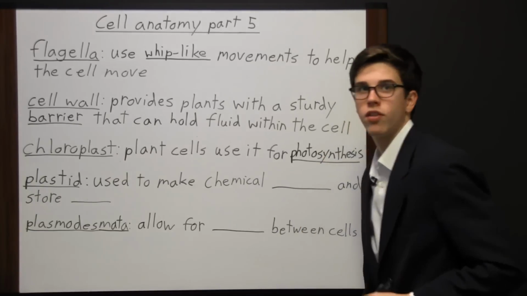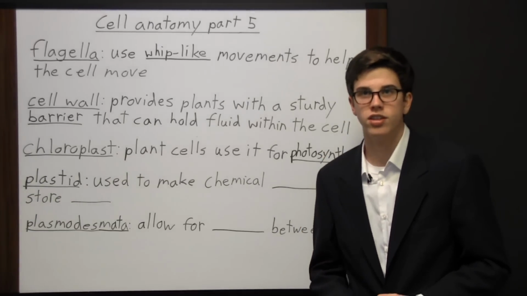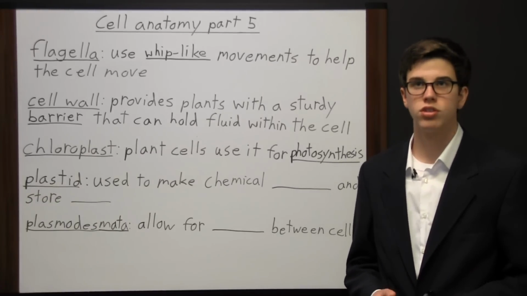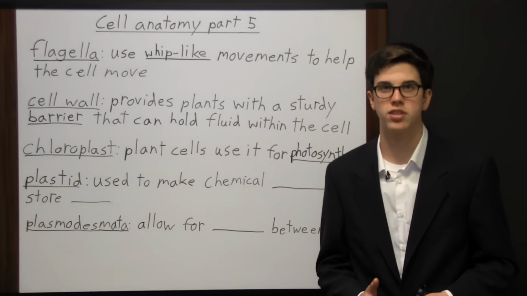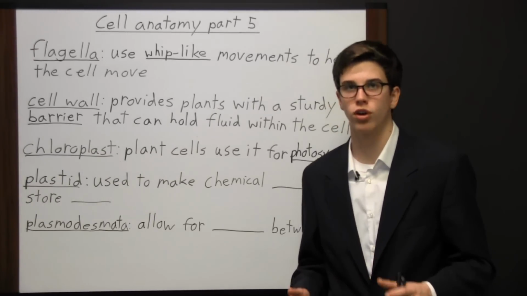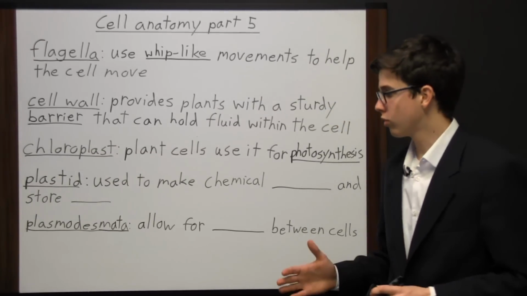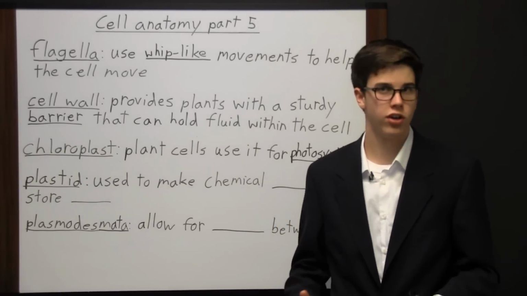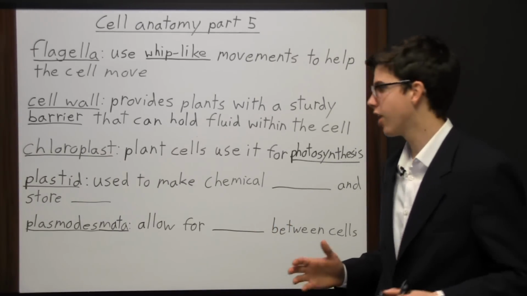Now, if you're not familiar with photosynthesis, this is the process plants use to create food energy from sunlight. Now, chloroplasts are specialized organelles, and chloroplasts also contain chlorophyll, which has a green color.